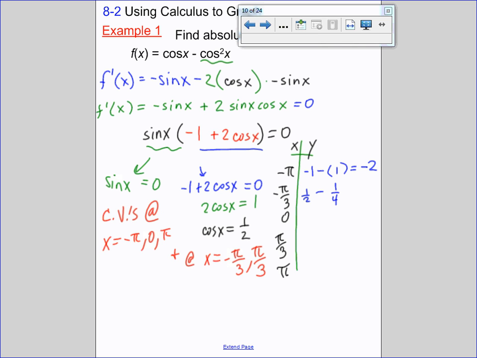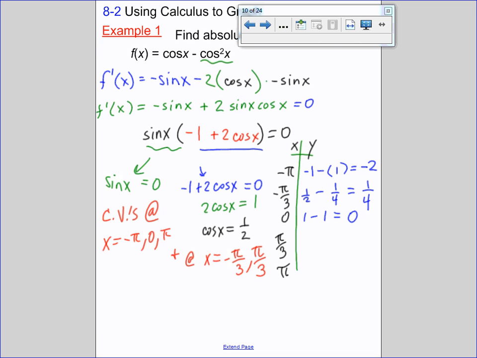I'm getting 1/2 minus 1/4 equals 1/4. Is that what you guys are getting? Awesome. At x equals 0, cosine of 0 is 1, minus cosine at 0 is 1, squared is 1. 1 minus 1 equals 0.